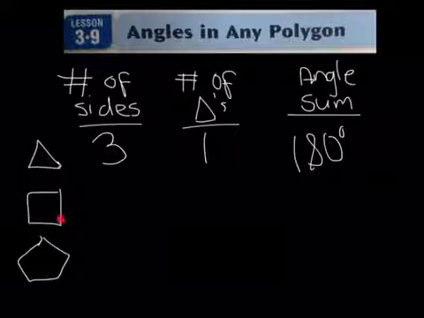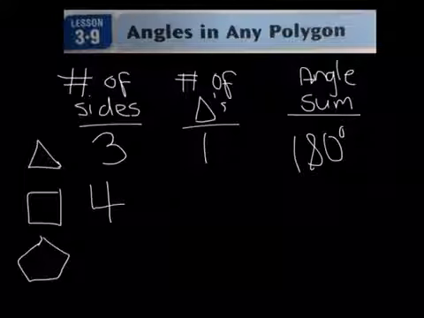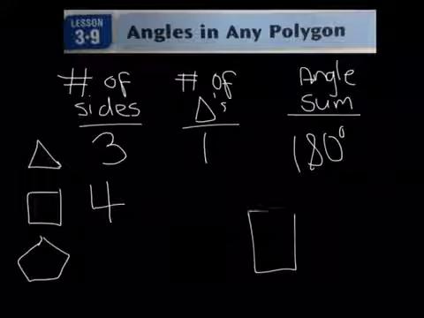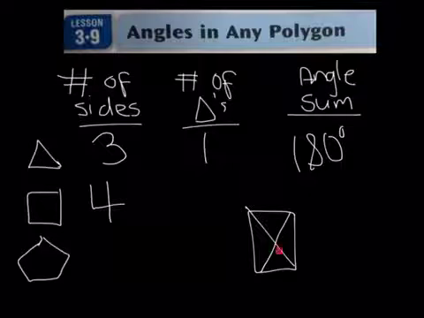With this square, okay, how many sides do we have on a square? 4 sides. How many triangles can we fit? Well, in order to follow the rules of how we're going to draw triangles, we cannot cross lines as so. Let's say we have a square. We cannot cross lines as we have done here.